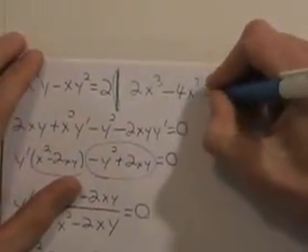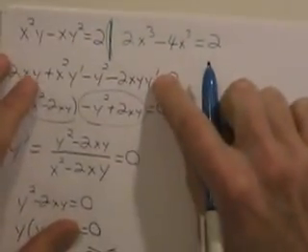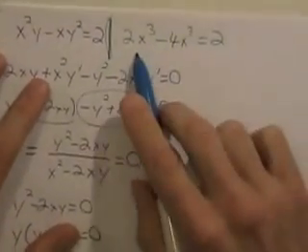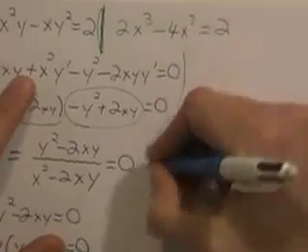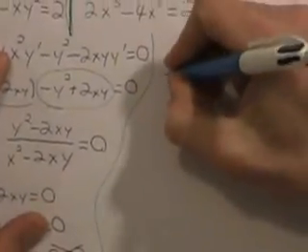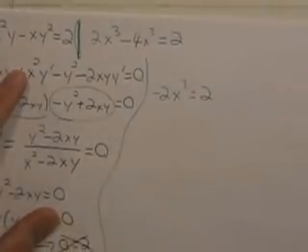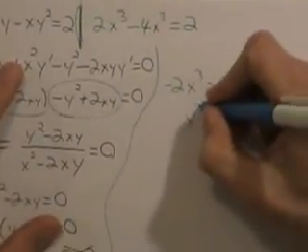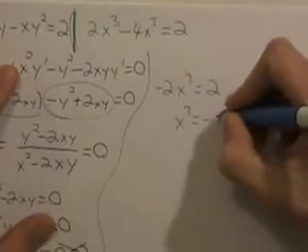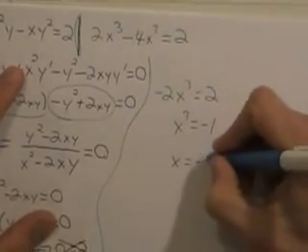So 4x cubed equals 2. And fortunately, this looks like something that we can handle. Collect the like terms: 2x cubed minus 4x cubed is minus 2x cubed equals 2. Then you divide by -2, you get x cubed equals -1. And so x must equal -1.